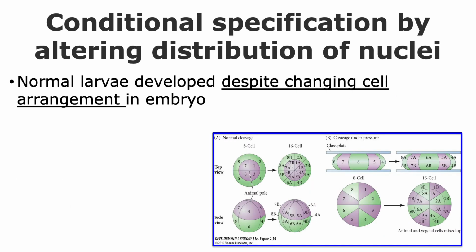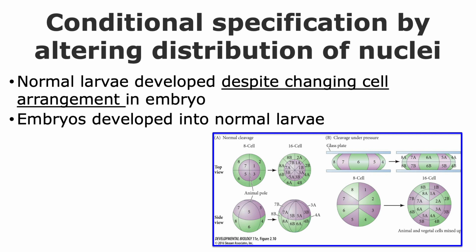Another experiment that was done was to observe what happened to the larvae if the cell arrangement was changed in an embryo. This was done by subjecting the embryo to pressure between two glass plates so that the way cleavage happened was changed. What was found was that the embryos developed into normal larvae once again.